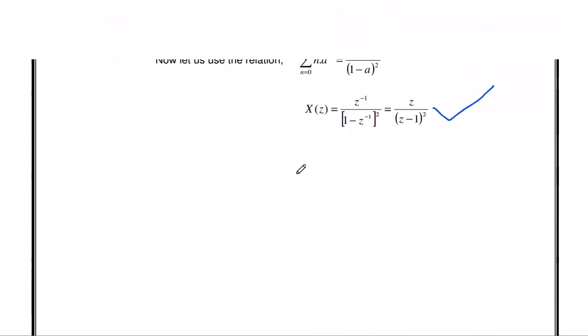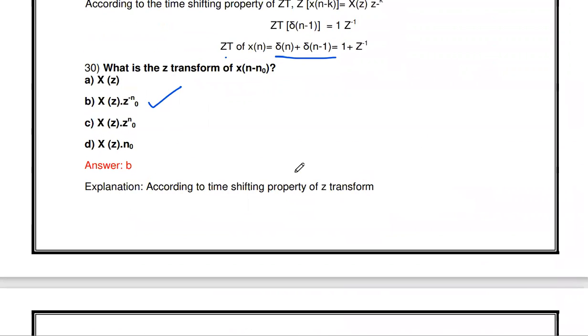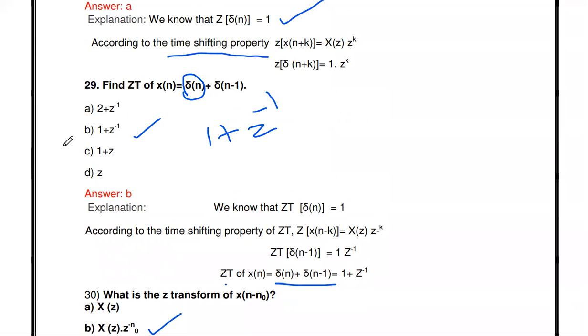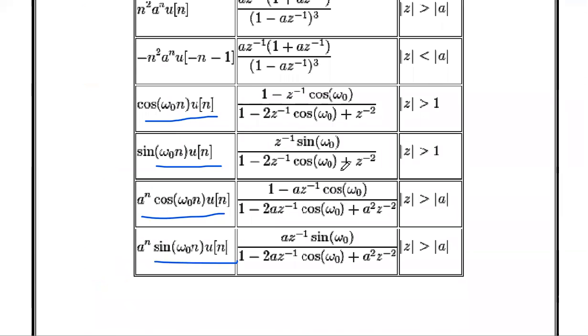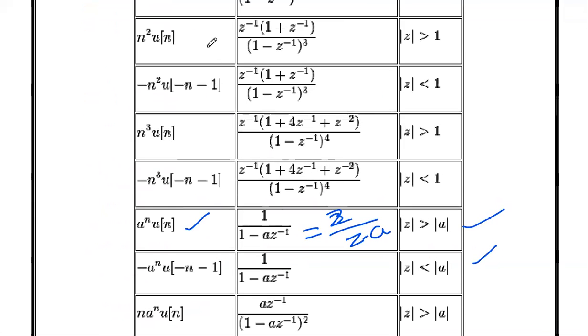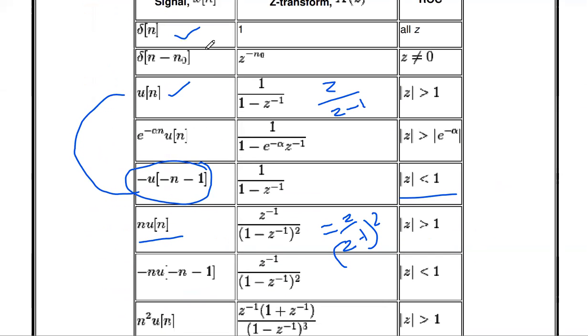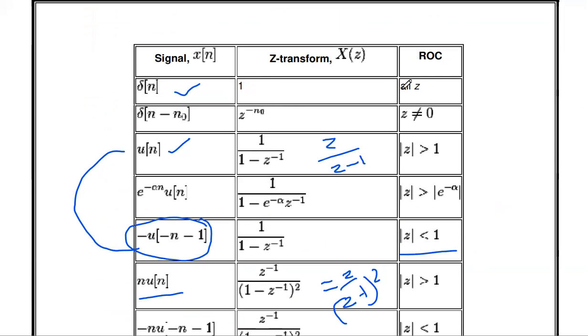So these are some of the problems in the Z transform. In this we discussed what the Z transform of delta of n is. Delta of n is 1. In this table, the Z transform of the delta of n sequence is 1 and the ROC is the entire Z plane. Then delta of n minus n naught is the shifted signal, which has the Z transform X of z into z power minus n naught.